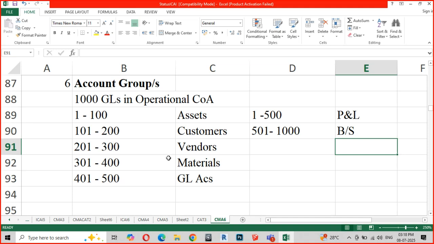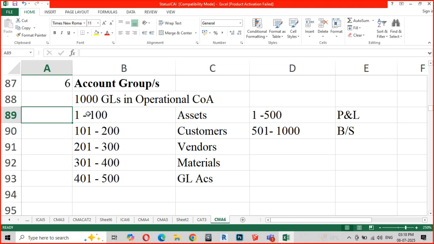Account number 501 to 1,000 is your balance sheet accounts. I can also have the simple bifurcation. However my implementing partner wants, that is the way I design these blocks. How SAP understands this is through your account groups.